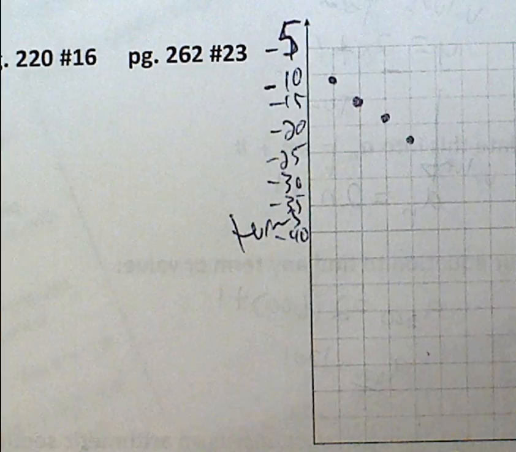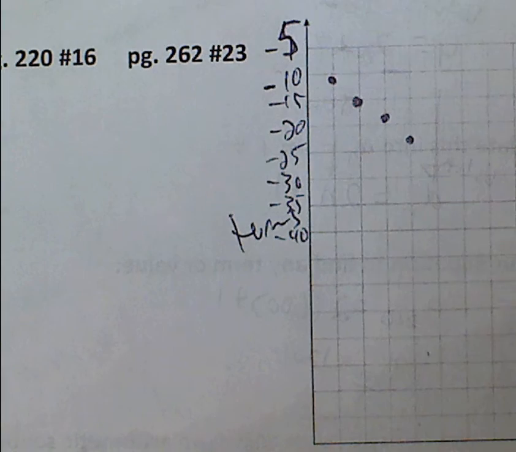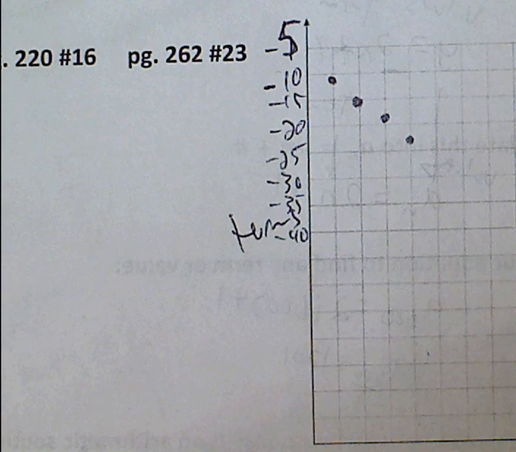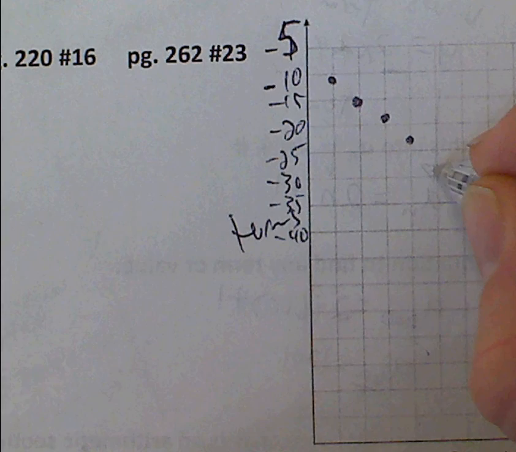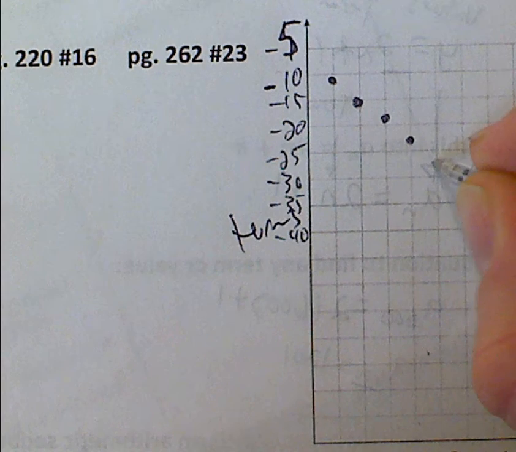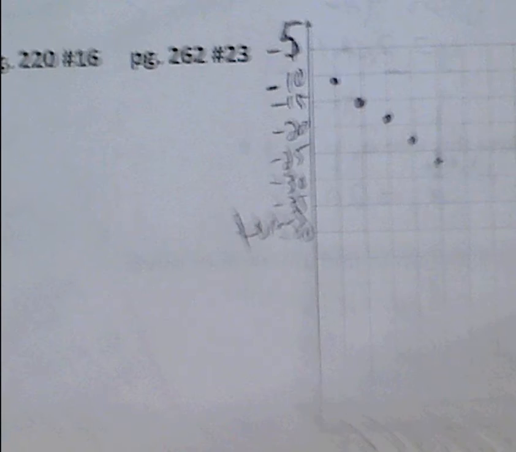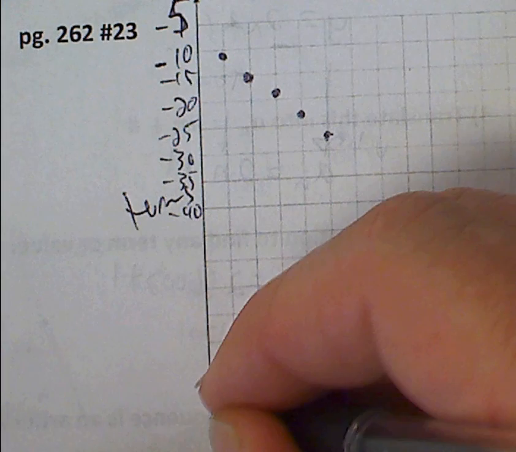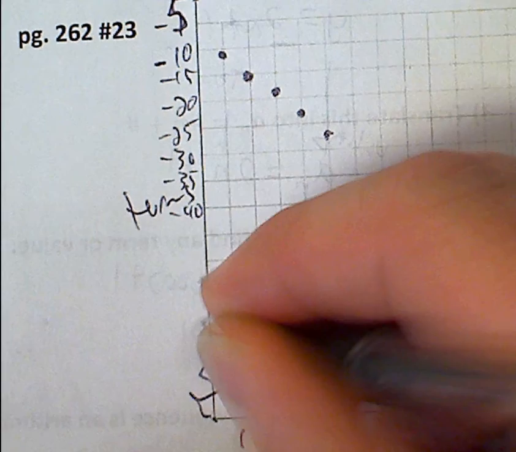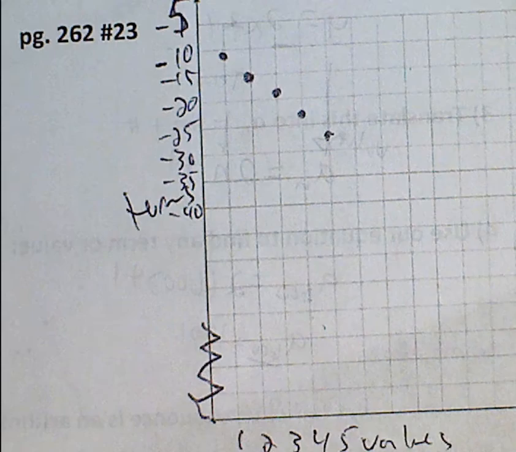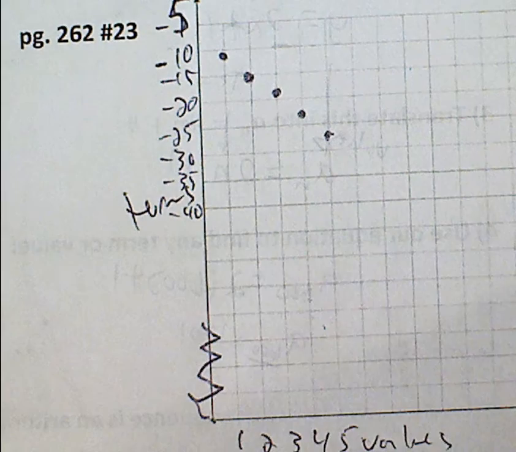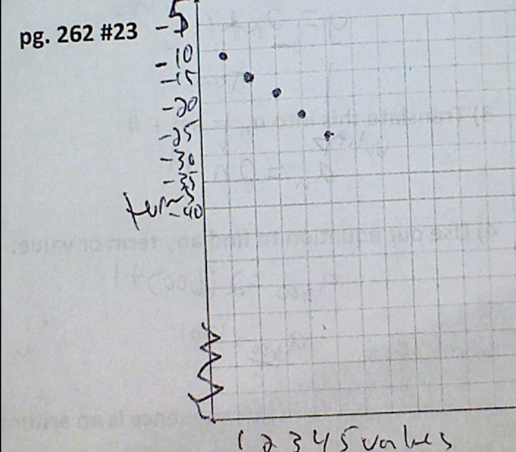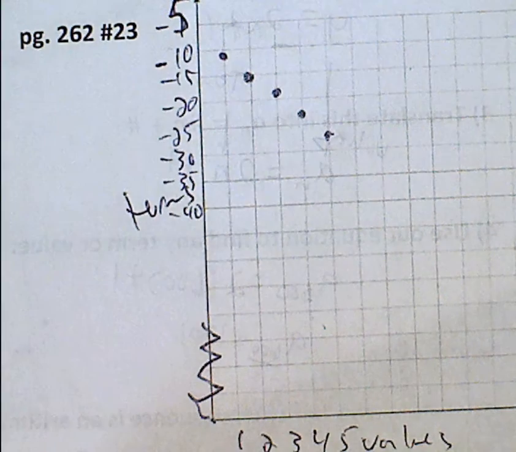And my fifth term would have to be negative 27. Negative 27. Beautiful. There are my first 5 graphed. And I skipped a bunch of values, so that's what it would look like. There we go.